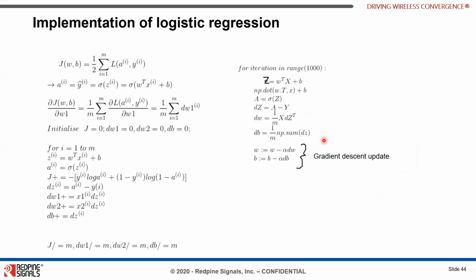This will be extremely clear if you see how, after computing dZ, dW and db, we update the values. This is a very simple representation.